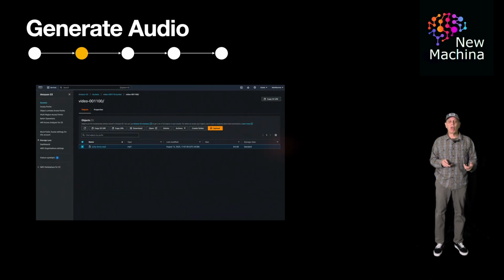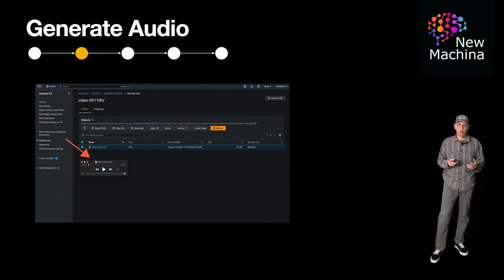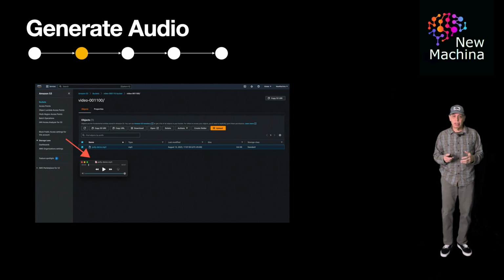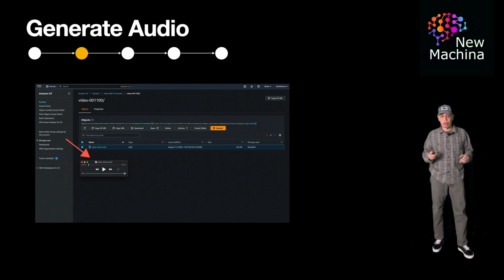Now we'll want to download that audio file to your local system. Once you have it downloaded, you can play it with any of your favorite audio players. Leave it better than you found it. Okay, so you can see that we've generated audio from our text file, and it works nicely.